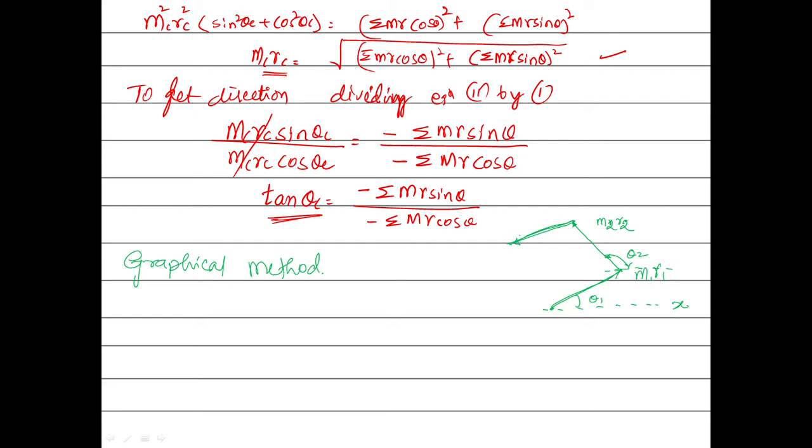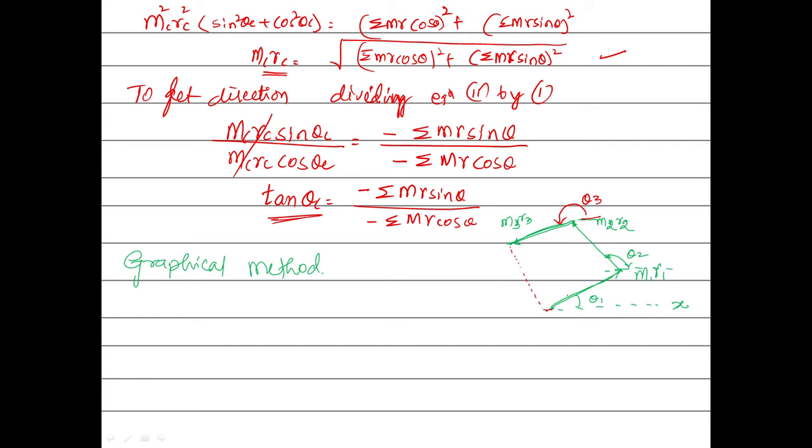Similarly draw M3 R3, with theta 3 with respect to the x-axis. Now you just join here.